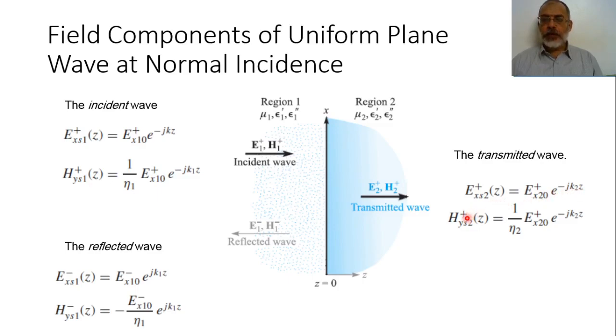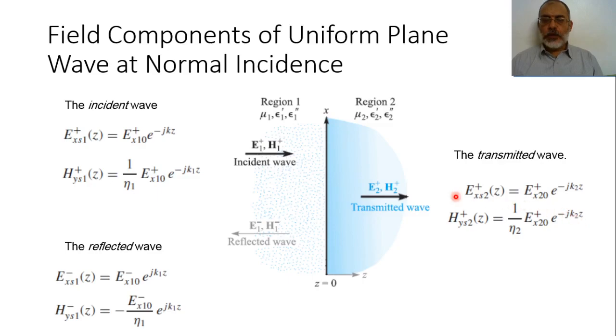And the magnetic field in this case would be in the y direction, so it would be positive, 1 over eta 2, where eta 2 is the intrinsic impedance of the second medium, multiplied by the amplitude of the electric field Ex20+, multiplied by the forward propagation factor in the z direction, e to the power minus j k2 z.